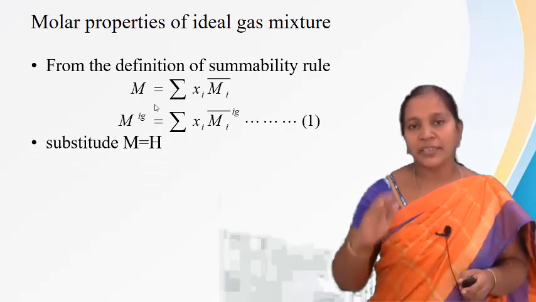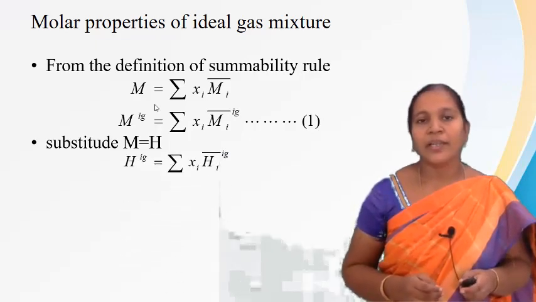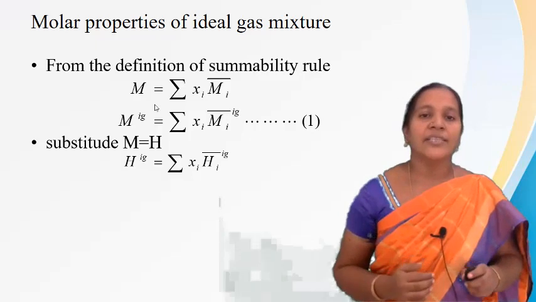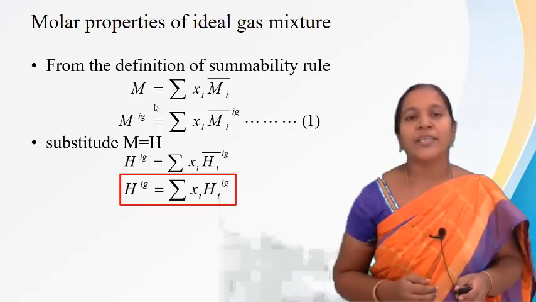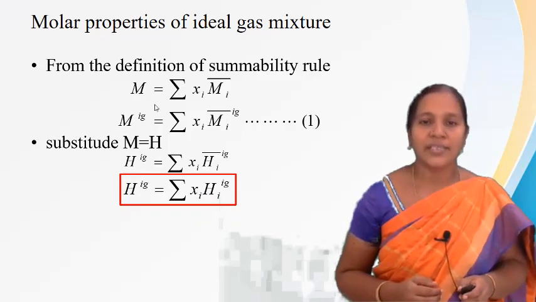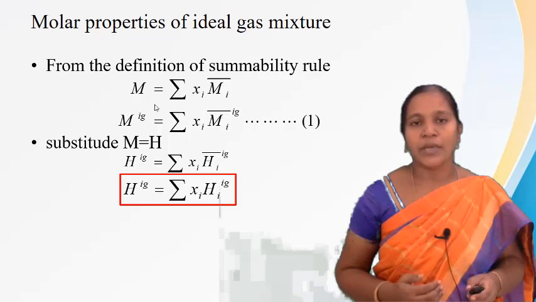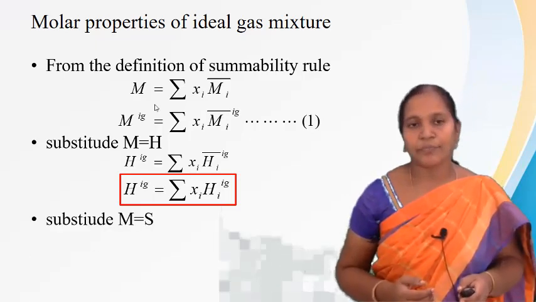Here replace the term M with enthalpy. That is H^ig is equal to sigma xi Hi bar ig. Therefore, H^ig is equal to sigma xi Hi^ig. This is from Gibbs theorem, Hi bar ig is equal to Hi^ig.